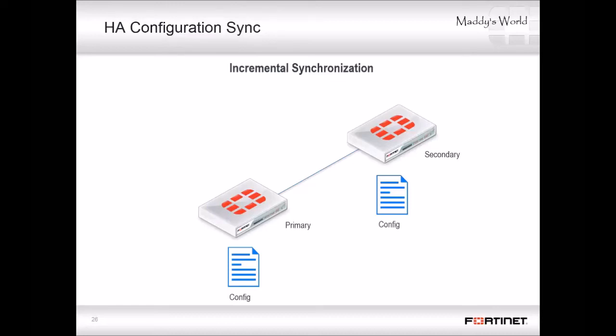After, synchronization is maintained. The primary immediately sends each change. For example, if you create an address object, the primary doesn't resend its complete configuration, just the new address object. HA periodically checks that all are still in sync. If not, it does another complete sync.